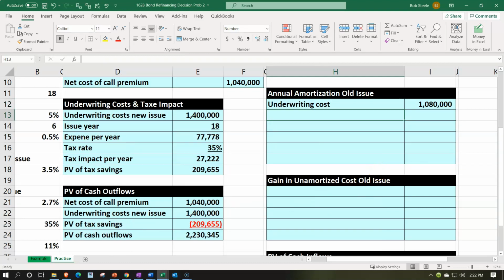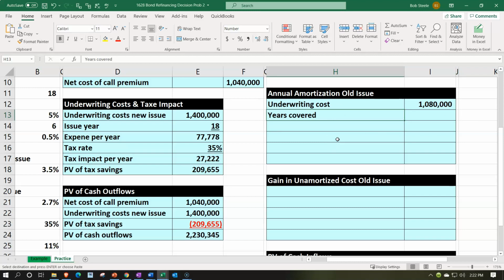And so this one, note, we already paid it. So we're not really talking about the payment that's going out right now. We're going to assume we paid that when the old issuance took place. But we have this situation where there's going to be a tax impact because remember, we had to amortize the cost over the life. That's what our general rule is for taxes.